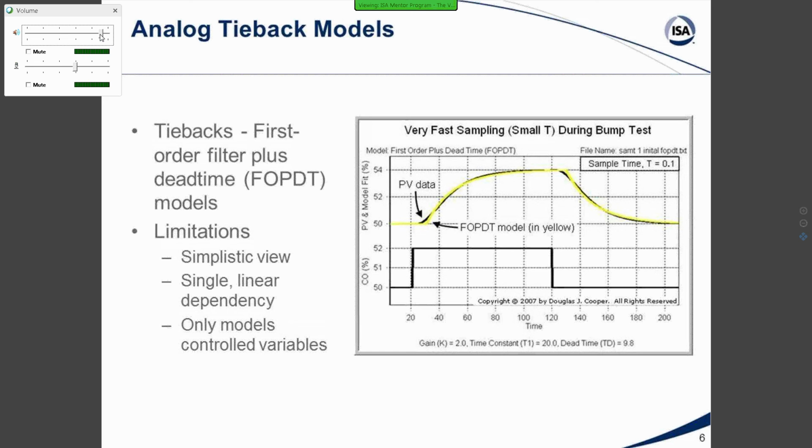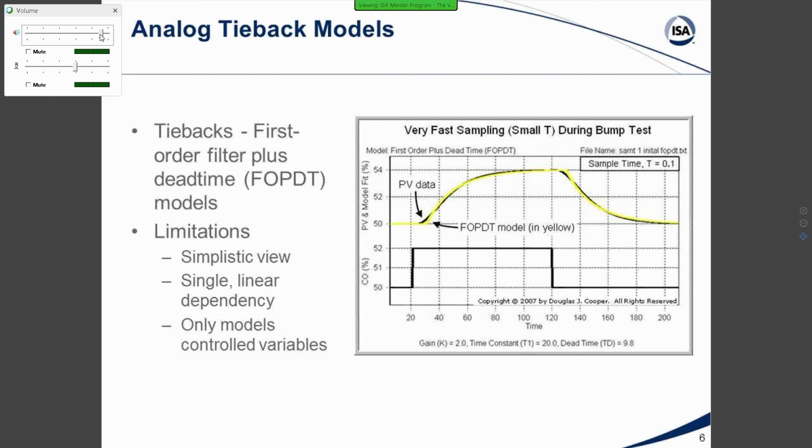So these things are limited in their ability to model your true process responses, and this becomes even more so, and we'll talk about this a little bit later, when you talk about integrating responses. And the last piece is that when you're dealing with tieback modeling, it only models control variables. So if you have a control output, you're modeling the response to that controller output.